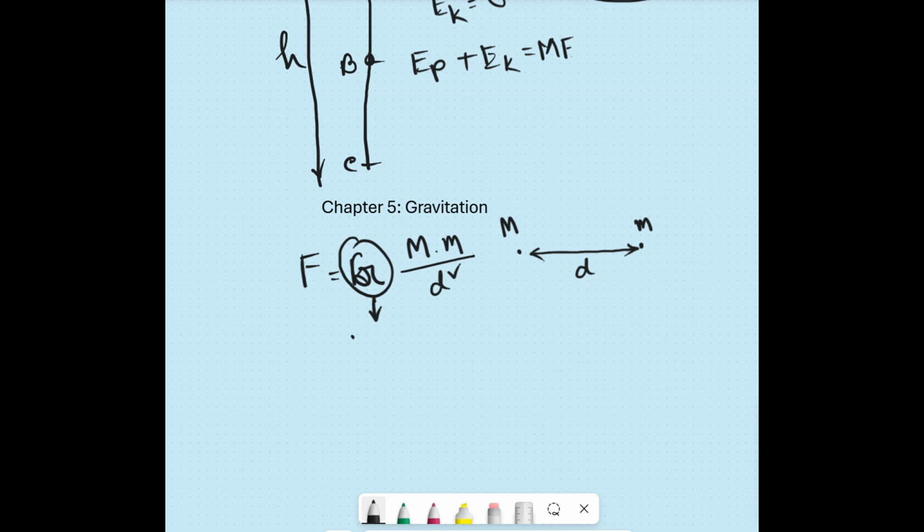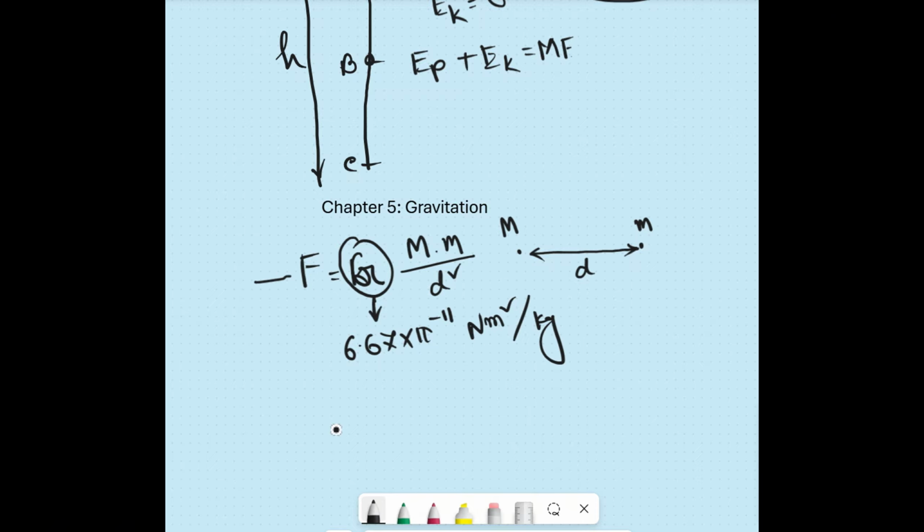The value is 6.67 times 10 to the power minus 11 Newton meter squared per kg squared.